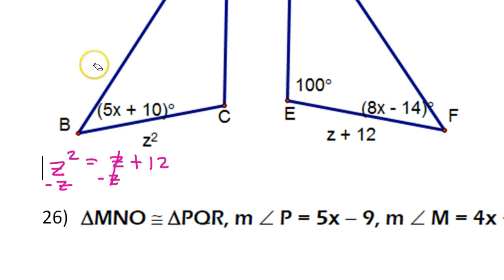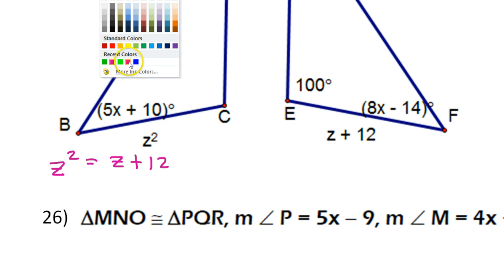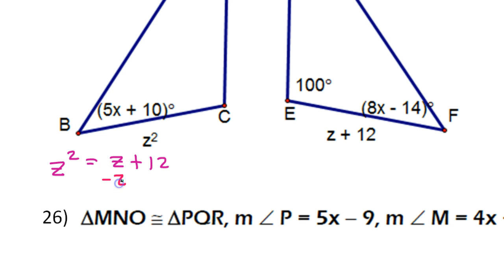Okay, so that way those cancel out. But I'm also going to subtract 12 from both sides. All right, so everything is gone from the right-hand side of the equation.